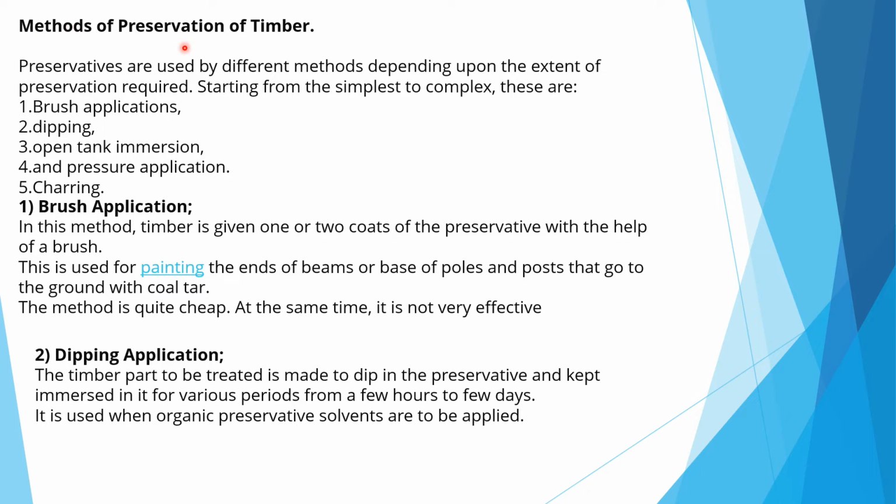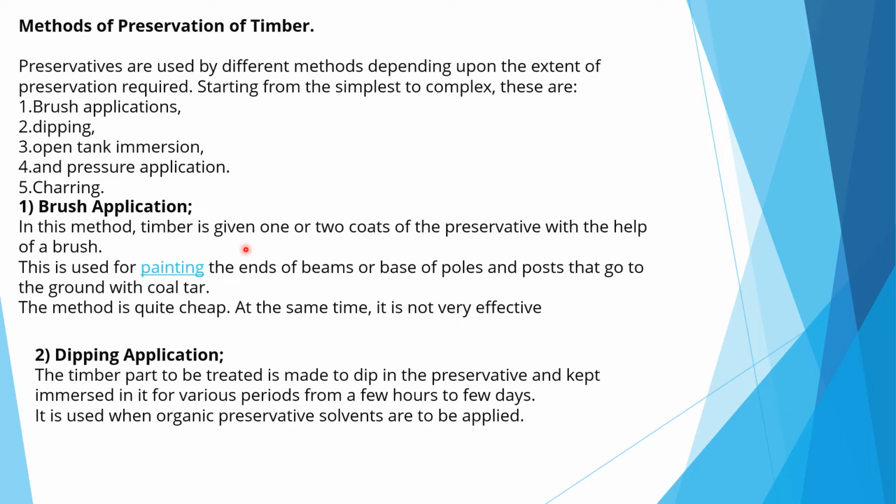Next, methods of preservation of timber. Preservatives are used with different methods depending upon the extent of preservation required, starting from the simplest to complex: brush application, dipping, open tank immersion, and pressure application, charring. What is brush application?